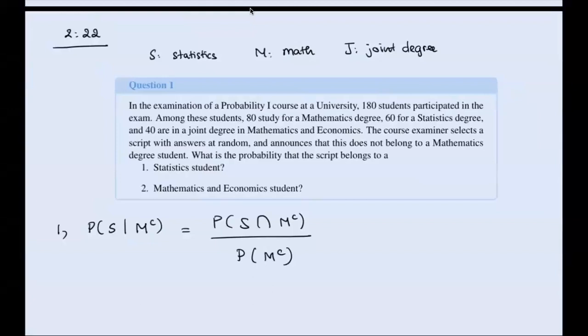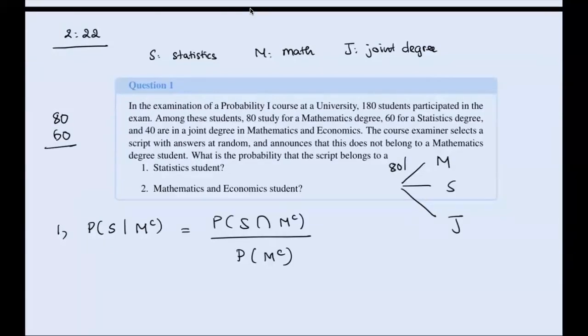If you find it convenient, you can also draw a tree diagram, which might help if you want some visualization. For example, the student can be math, statistics, or a joint degree. Math is 80 divided by, we have 80 students in math, 60 in statistics, and then 40 in the joint degree.